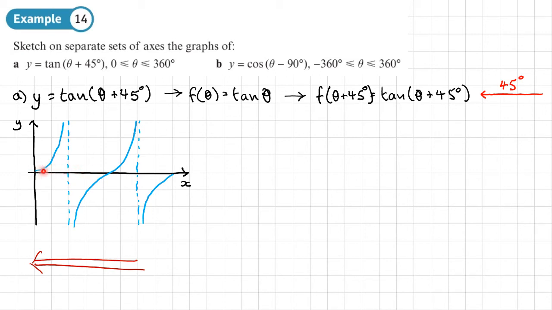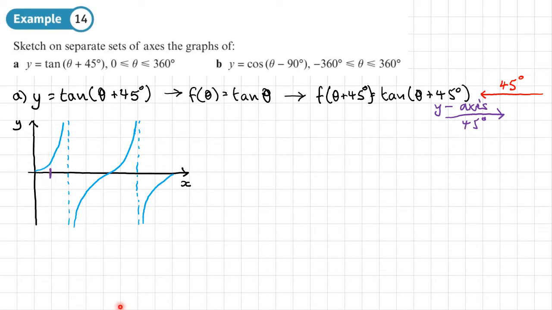Now what I find actually easier to do, rather than shifting the graph, is to shift the axis. So shifting the graph 45 degrees that way is equivalent to shifting the axis, the y-axis, that way by 45 degrees. So when I'm doing these questions, what I do is I draw the normal graph, like I've done here, then I find where 45 degrees is. 45 degrees is going to be, let's say, there, this point.